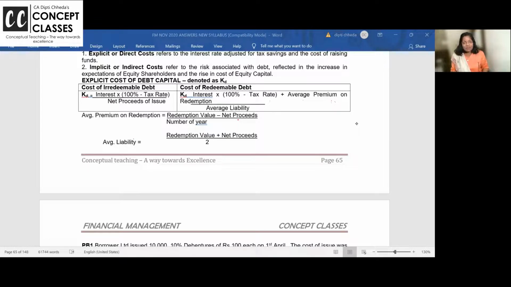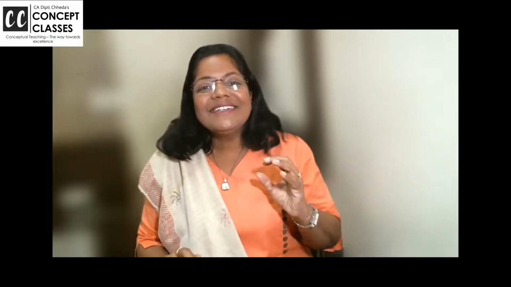What is average premium? Redemption value 110 minus the net proceeds, say 98, divided by number of years. What is average liability? Redemption value plus the net proceeds divided by 2. Okay? Did you understand this logical magic?